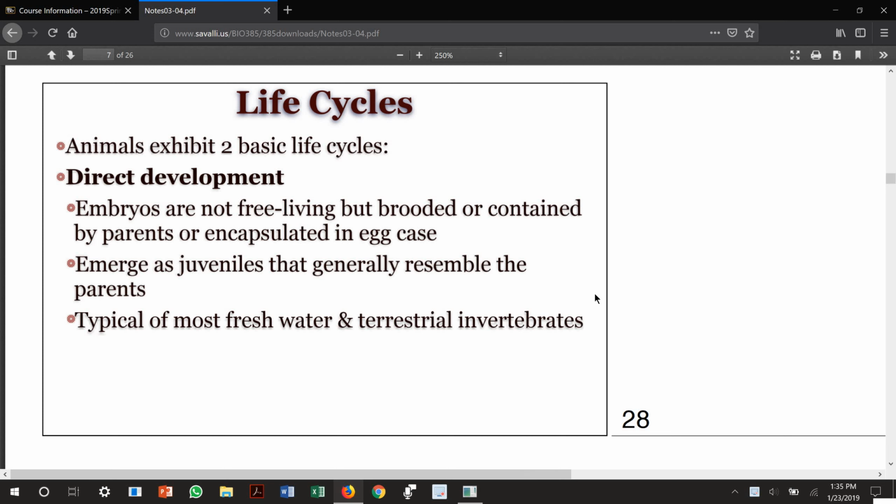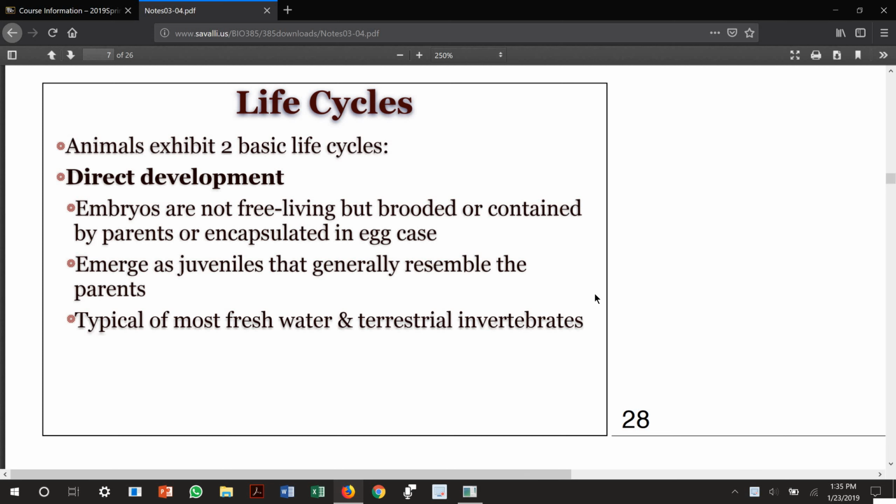So the embryos, before they can actually take on a functional shape, basically can't be free living, and so have to be either brooded, such as inside the female, so she's basically pregnant, or contained in some way in the parents, or they can be put into a protected environment, like for example sealed up in an egg case, where they can rely on the yolk to continue their development until they're large enough to actually function with an adult-like shape.